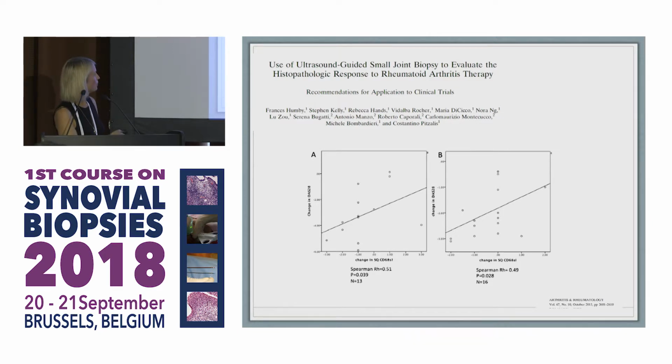As you can see from these patients treated with a TNF inhibitor, there was a really good correlation between change in the semi-quantitative CD68 sublining number and fall in DAS28, demonstrating an internal validation of this data.